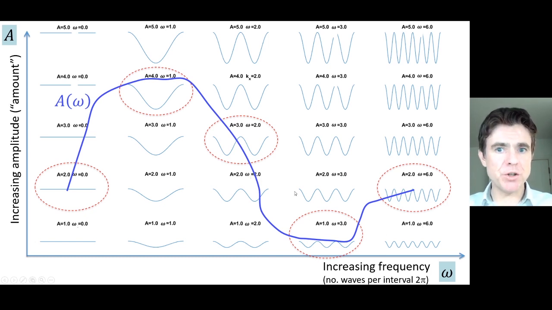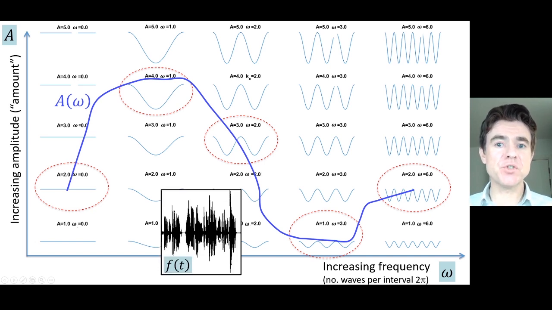Remember here, I'm only showing a discrete number of frequencies, but in this graph, I'm showing that in fact, we could have a whole continuous variation in the frequencies, as well as continuous variation in the amplitude for each of those frequencies. And then when I've got the analysis, the Fourier analysis, as we'll see, a function such as this, I can then use that to synthesize, to rebuild a function by adding together those frequency components with their respective amplitudes.